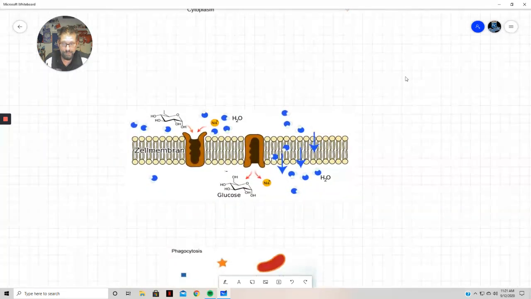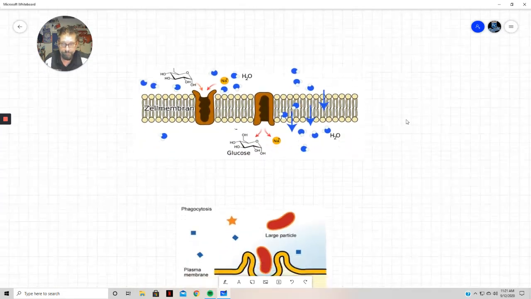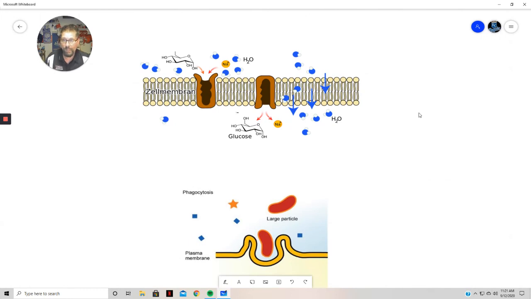Okay, let me slide this up. And we won't say much here because we just talked about it, but we will label it and introduce it. This is the official name: coupled transport.